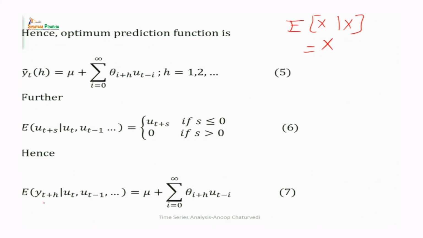So, expectation of y t plus h given u t, u t minus 1, and so on, is mu plus summation i equal to 0 to infinity theta i plus h u t minus i.